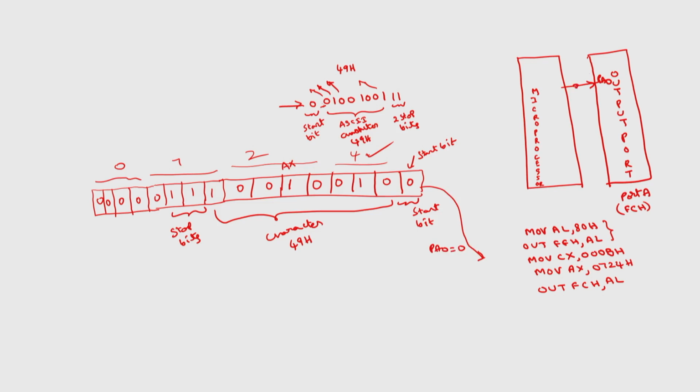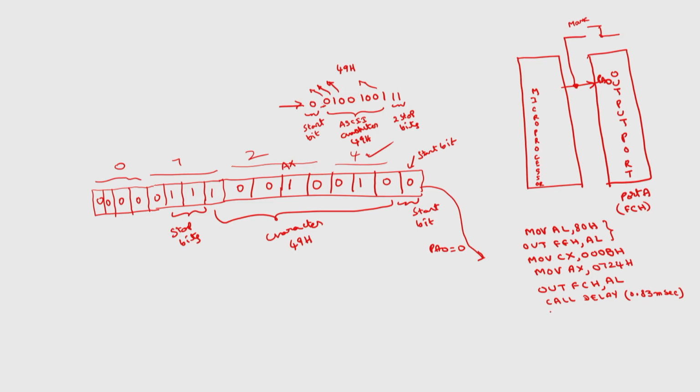If I take this PA0 waveform, initially without any transmission, this will be a mark. I have started here. So, this 0, this is the point. Then what you have to do is call a delay equivalent to 0.83 milliseconds in case of 1200 baud rate. So, this 0 will be there for 0.83 milliseconds.